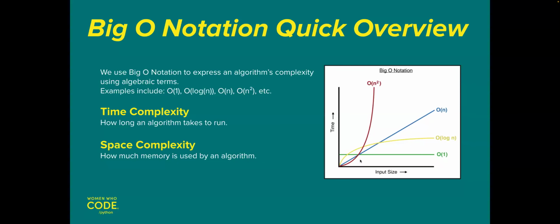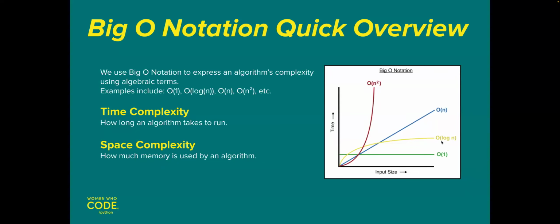So here you can see how it changes based on the function that we're using, right? We have n, which is the input. For example, if it's O(1), it's constant time, so it's not affected because the input is constant.